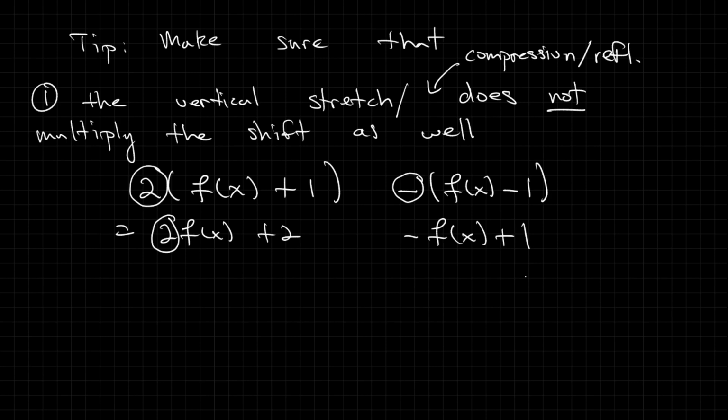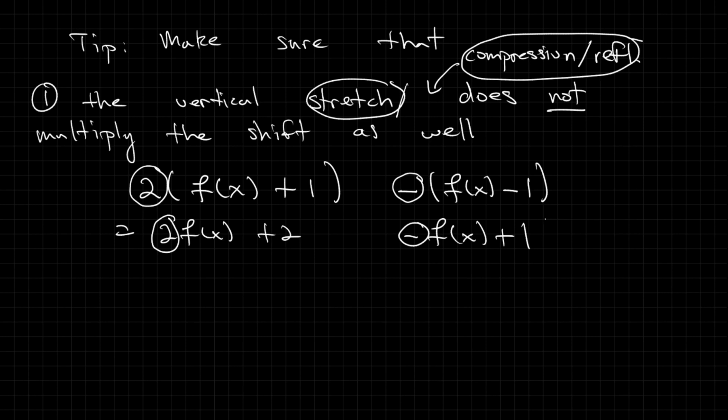And now the reflection only multiplies f. So anything corresponding to a reflection, compression, or a stretch should not also multiply the shift. And practically speaking, that means that you don't have a number and then parentheses f plus or minus something.